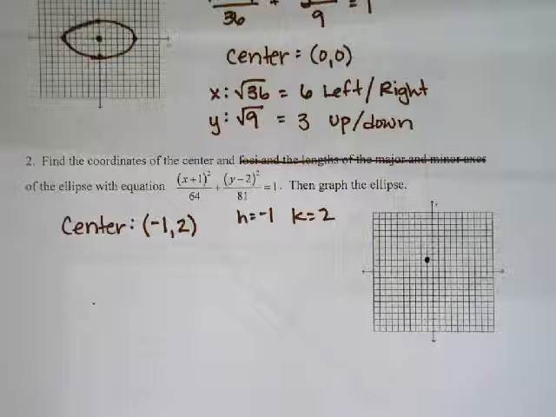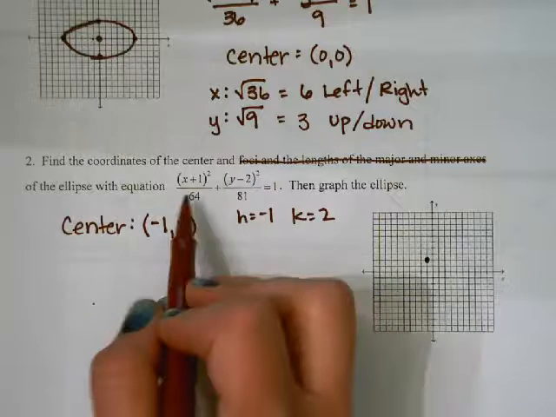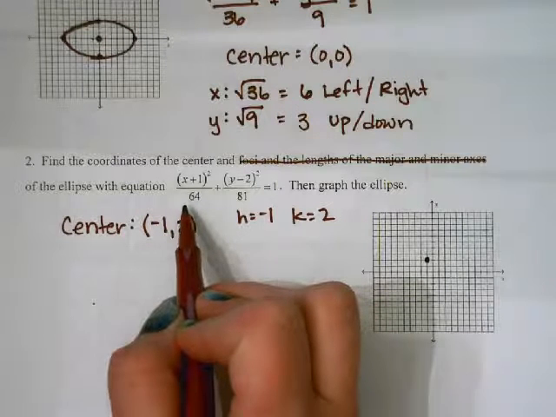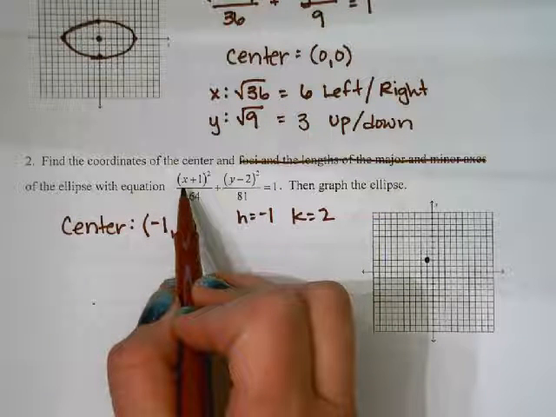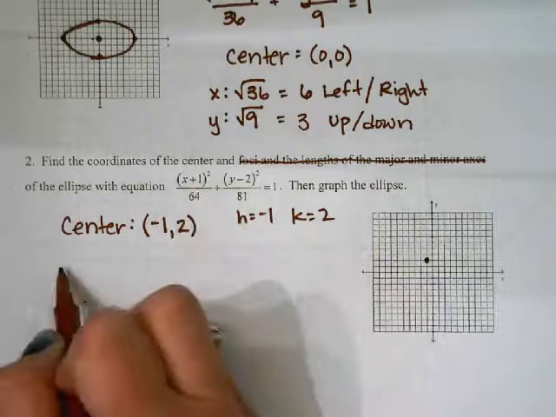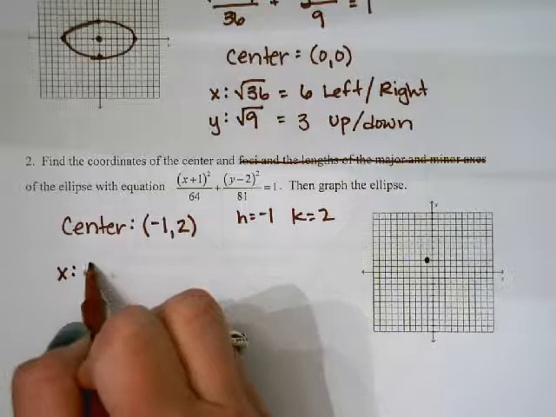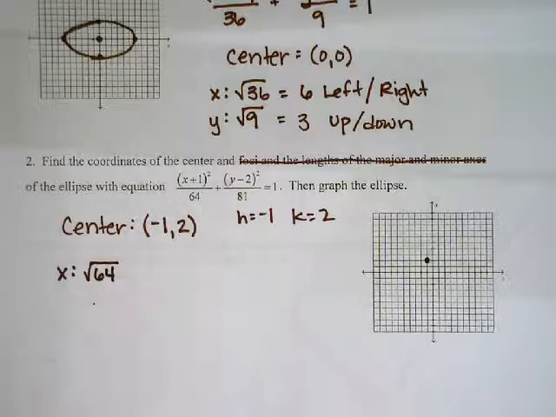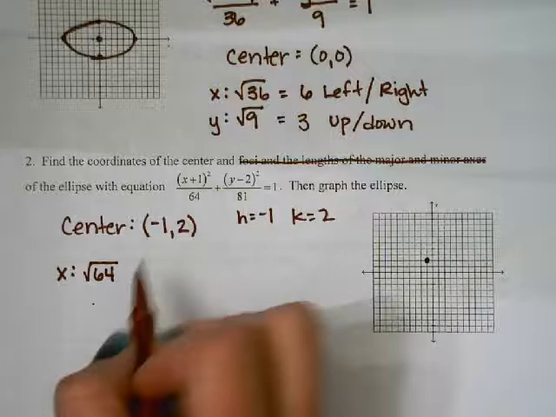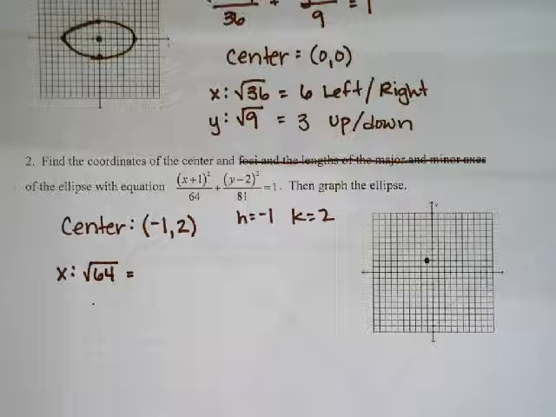Okay, now I'm going to look at my denominators. Under my x variable, I have a 64. So I'm going to take the square root of 64. So if I go to the left and to the right, how many am I going to go? Perfect.